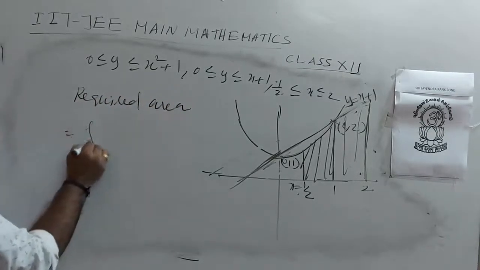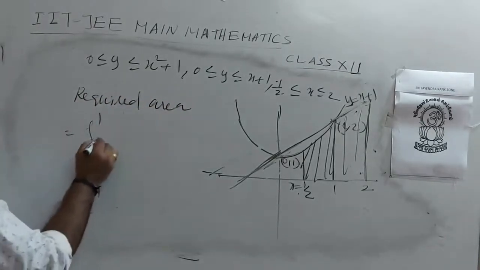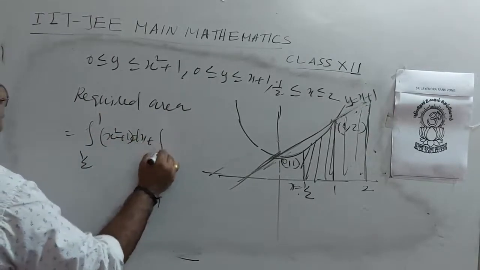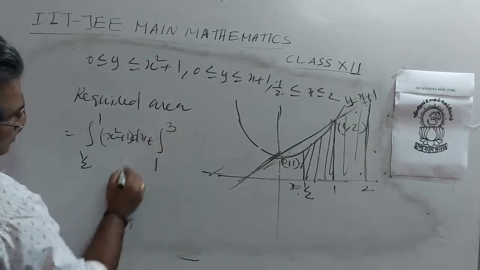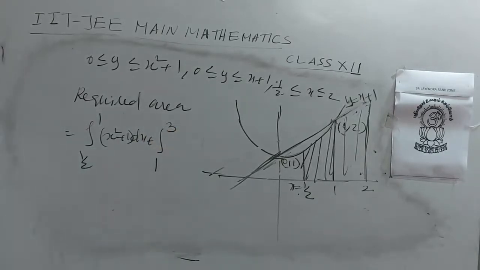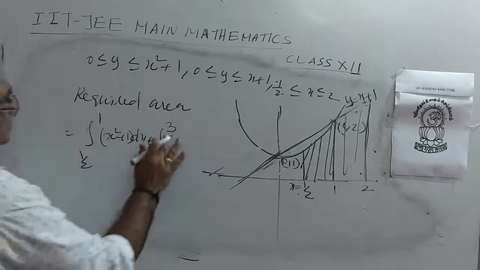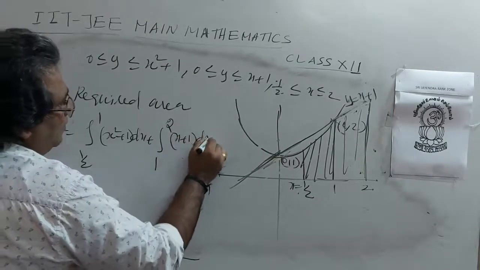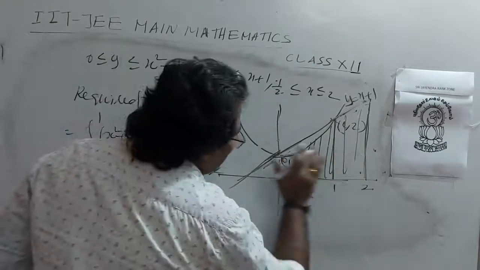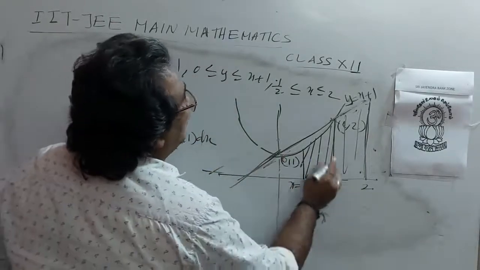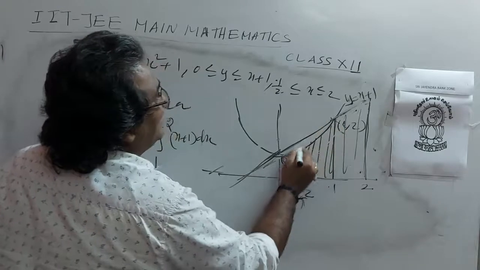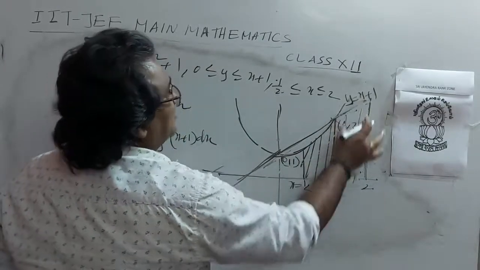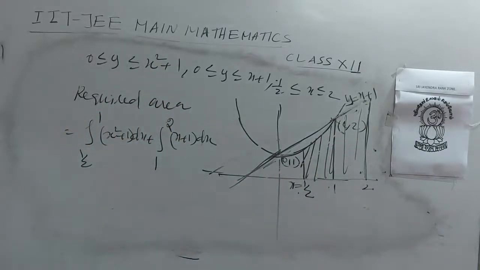Required area is integral 1 by 2 to 1 of x square plus 1 dx plus integral 1 to 2 of x plus 1 dx. This is the shaded region, which is the required area.